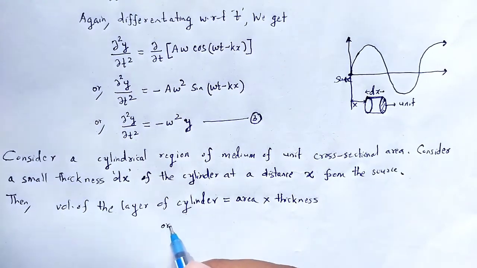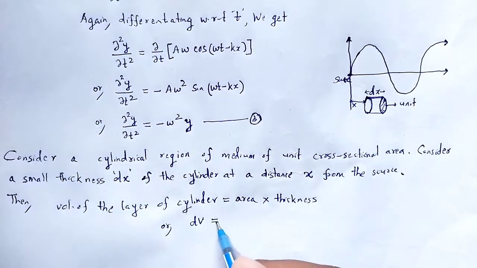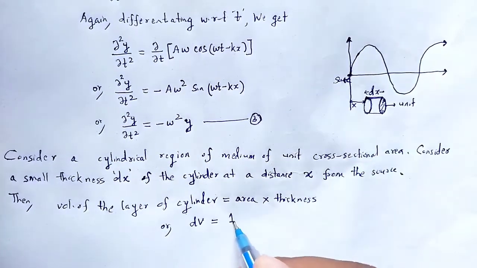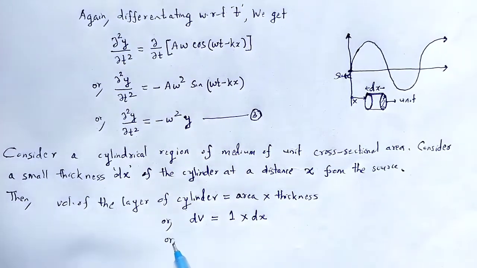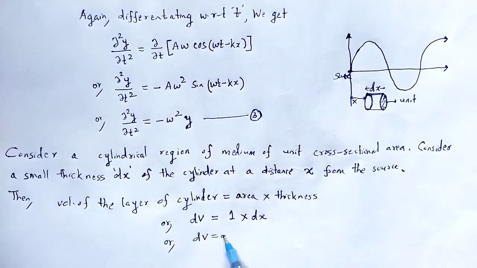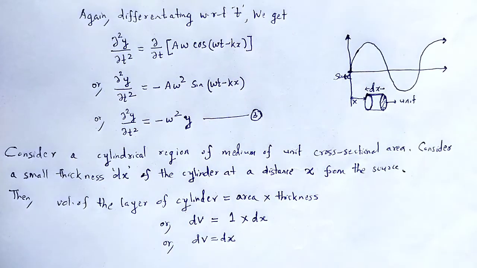Let the small volume be dV. Here the area is unity, that is 1, and thickness is dx. So, dV is equal to dx, the volume of the layer of the cylinder.